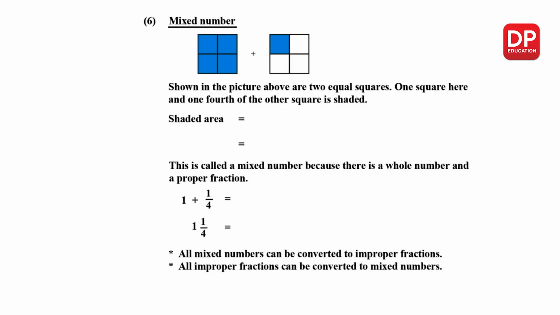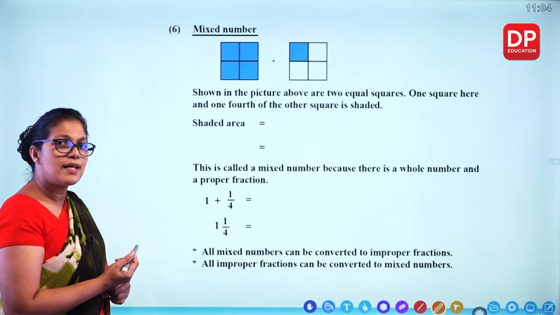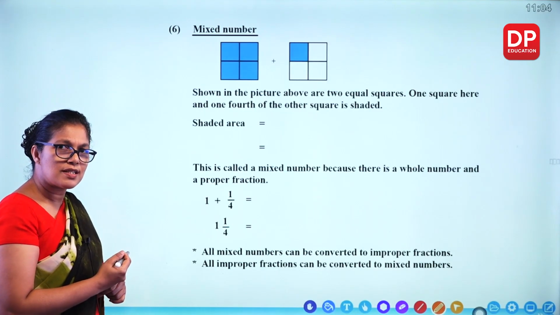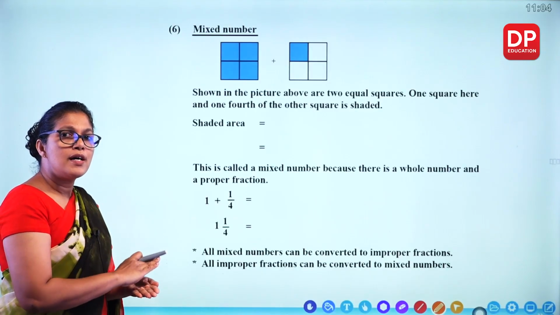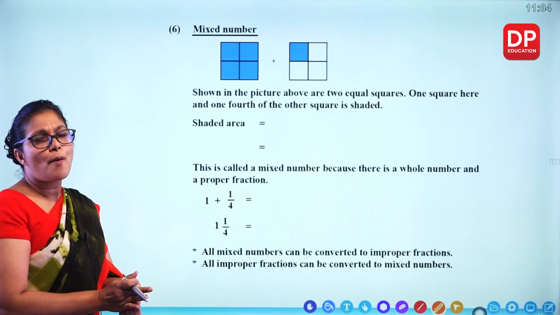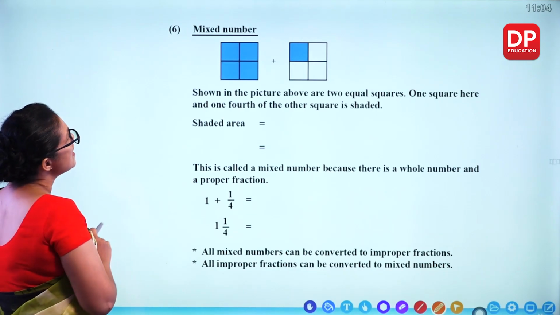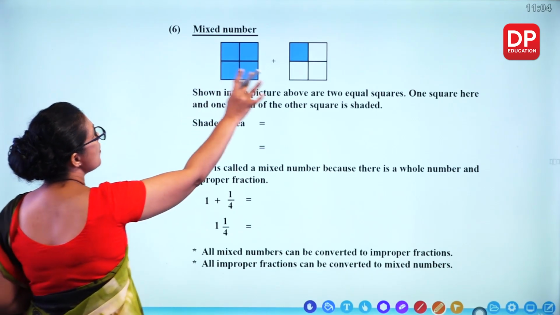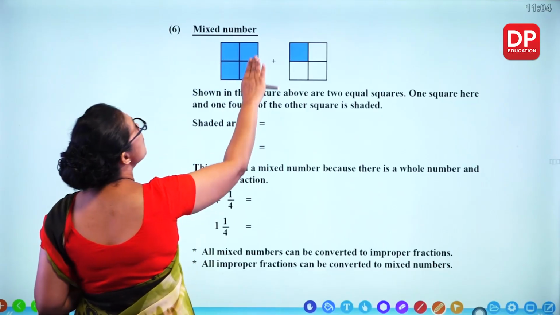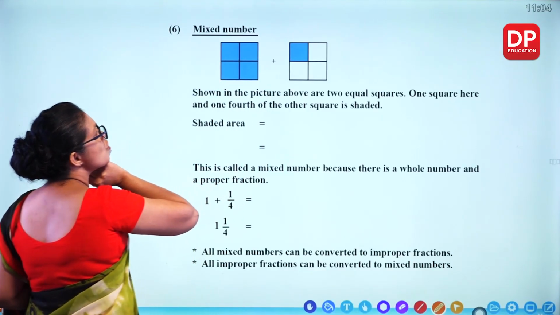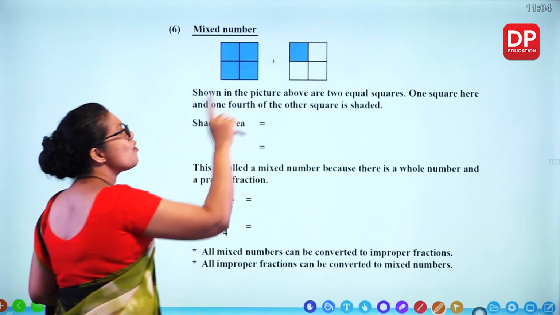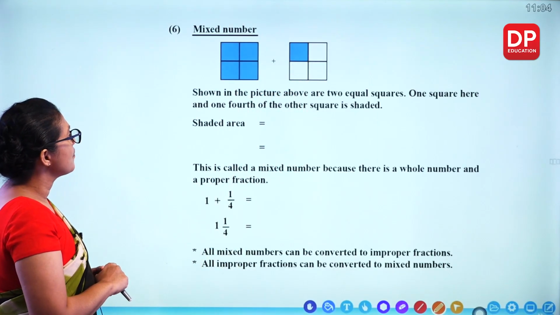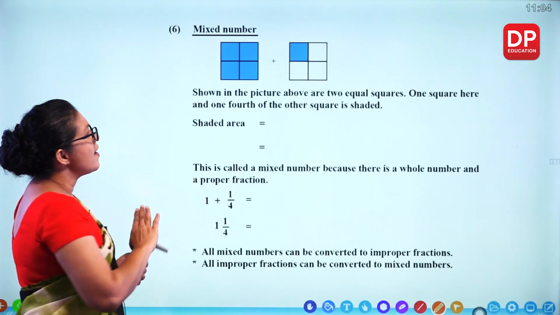And you need to know what are mixed numbers. We don't say mixed fractions. A mixed number is a combination of a whole number with a proper fraction. Now we'll take this example. 2 squares are there. One whole square is shaded and one part out of 4 parts of the other is shaded. What's the shaded area?